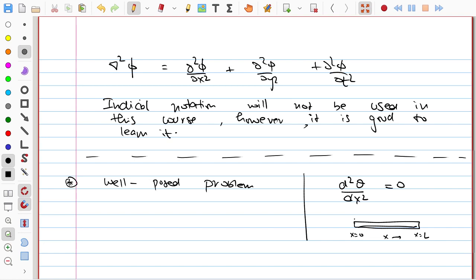Physically speaking, in reality, you will have a unique temperature at a given point. Mathematical equations can have multiple values, but you cannot have multiple values in reality. So we have to make sure that our mathematical model also mimics this quality of having a unique solution.